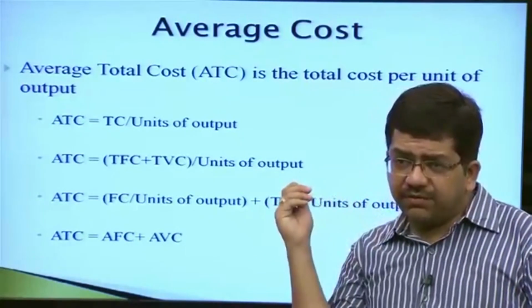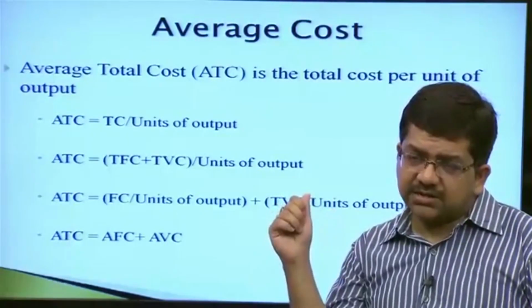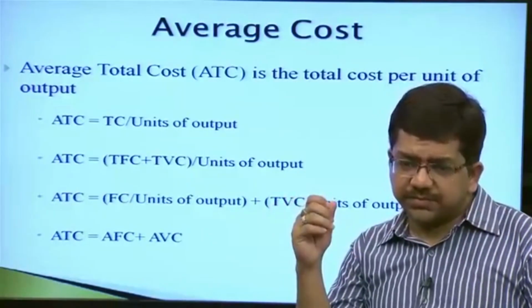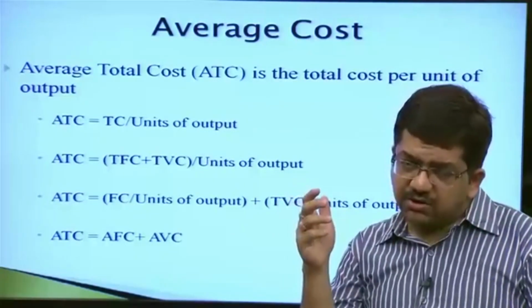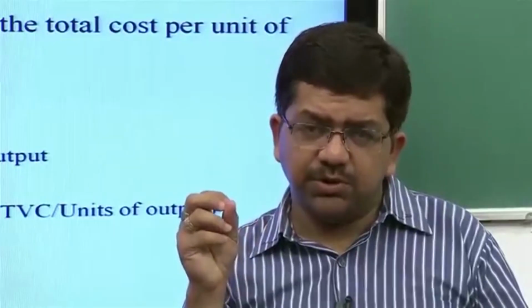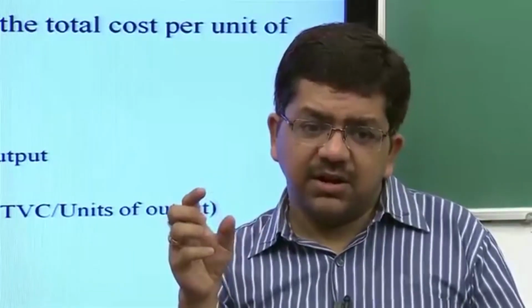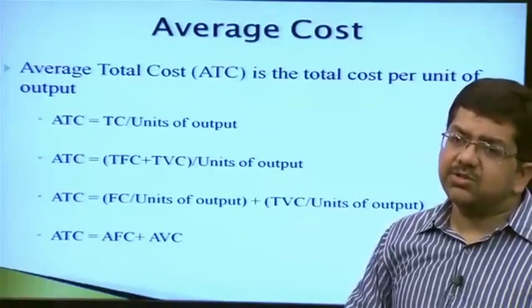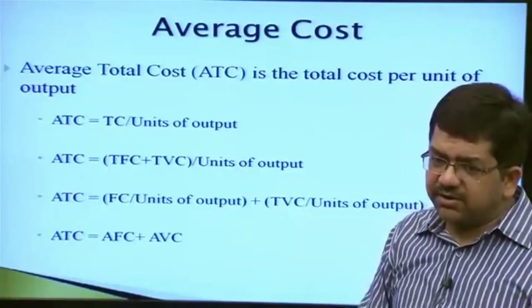Where we ended in the last class was the average total cost. Average total cost is basically the total cost divided by the units of output, and in this equation I have bifurcated the total cost into total fixed cost plus total variable cost.